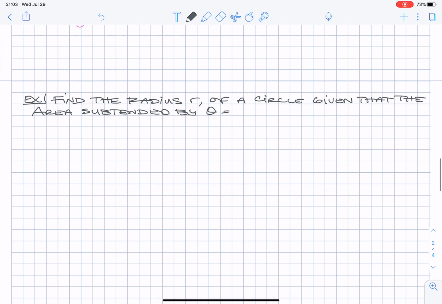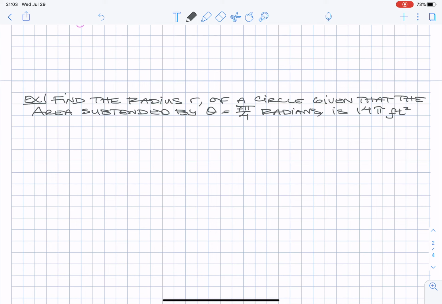Let's do 7 pi over 4. 7 pi over 4 radians is 14 pi square feet, so feet squared.